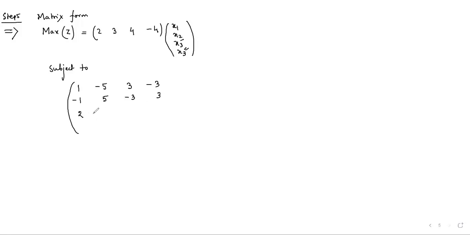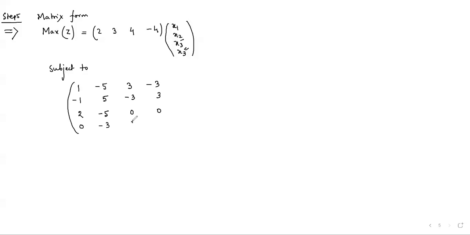Then 2x1, so 2, no x2 is there, minus 5. No x3 prime is there, no x3 double prime is there. So 0, 0. And 0, no x1 is there. And this is minus 3.